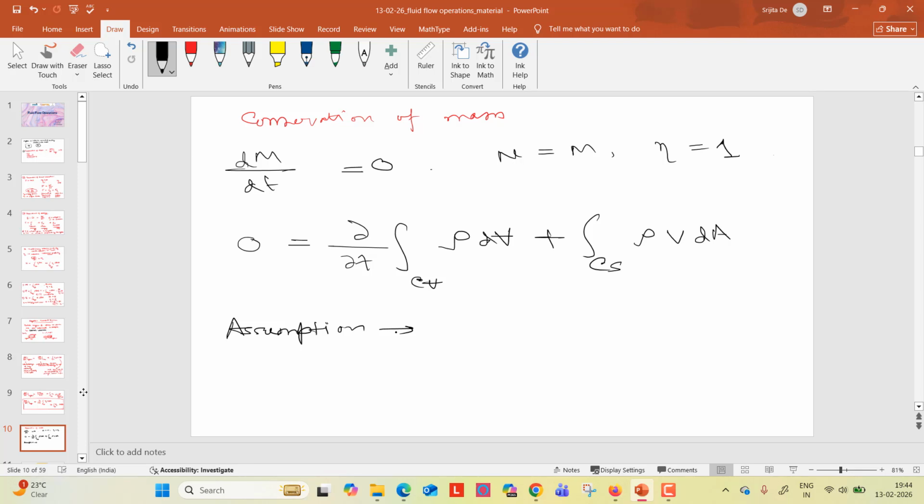Or maybe we don't want to take the assumption right now. So this del t of rho dV, the limits of the triple integral are independent of time.